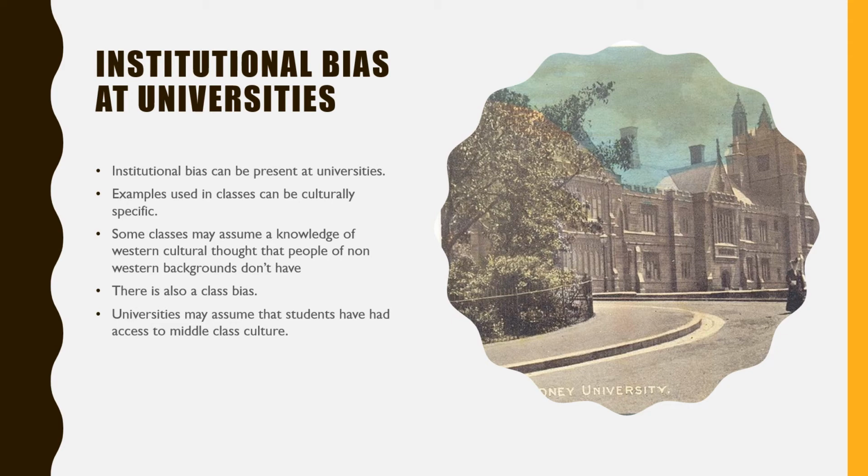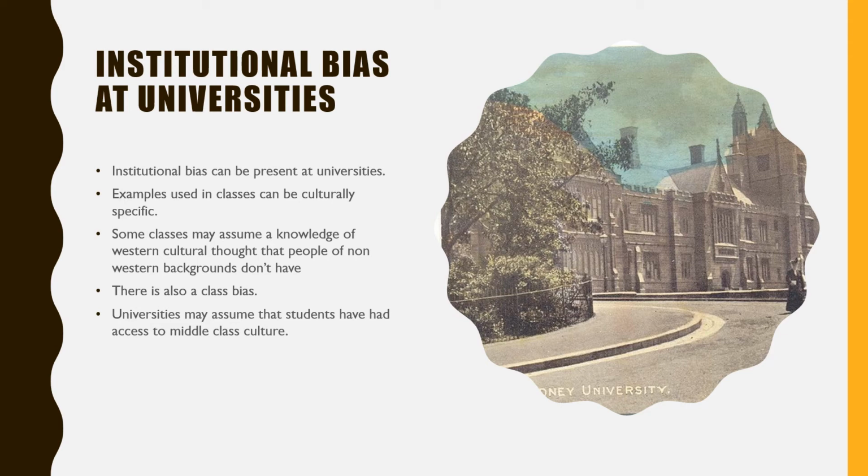Because I came from a working class family. Neither of my parents went to university. And I just wasn't brought up with these sorts of media input. So I didn't understand these references. So there's a class bias, I think, at university.